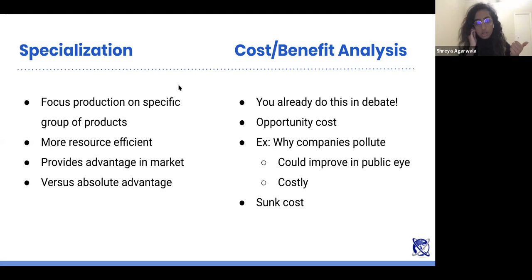So opportunity cost is the idea that it's essentially the loss of potential gain from other alternatives when one decision is made. So an example would be, let's say I either need to go to the grocery store to buy groceries, or I want to go to the gym for 1 hour and exercise.